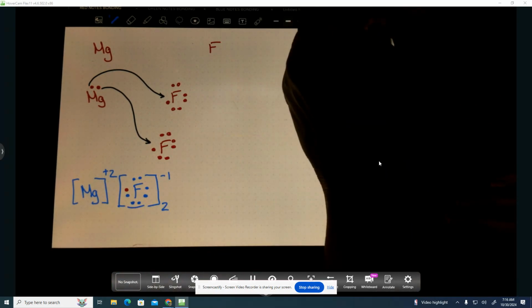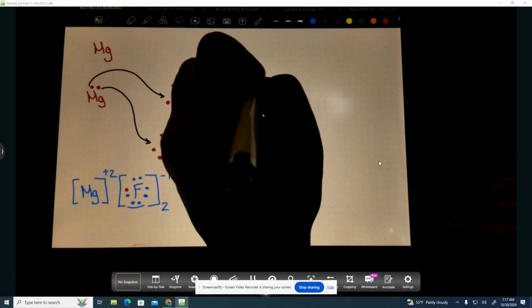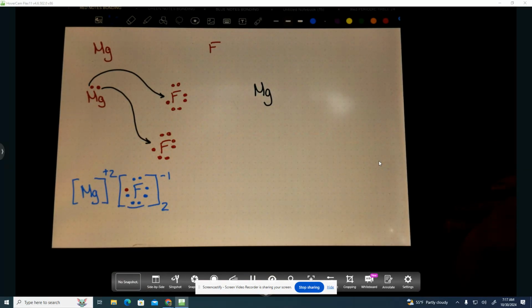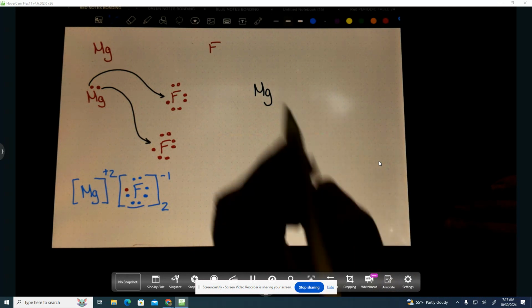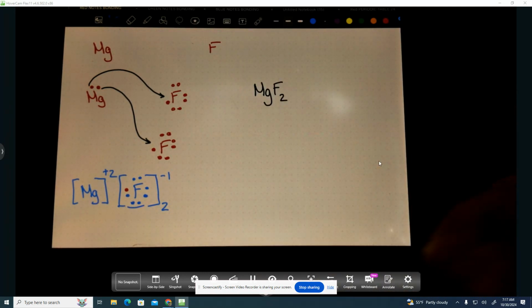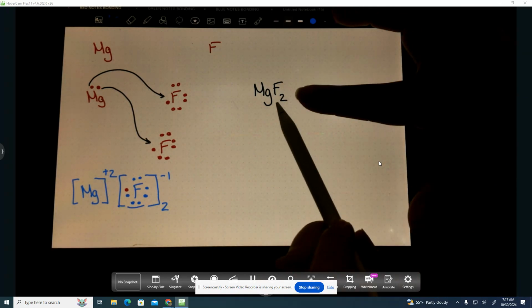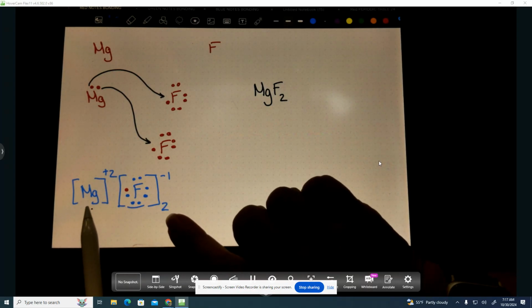And then when you write the formula, you know that there's a magnesium. In the formula, you don't have to write the charges, but you have to know that they're there. And fluorine, there's going to be 2 of them. And again, I didn't write the charges, but I know that it's there. So this is the formula. This is the Lewis dot diagram.